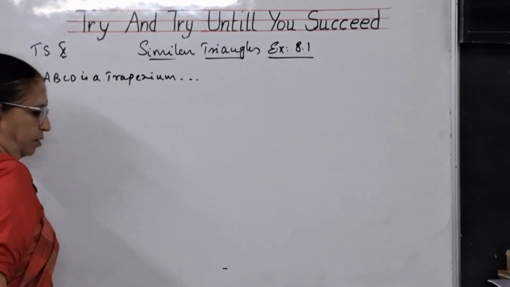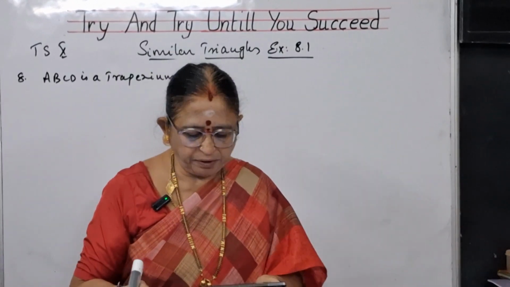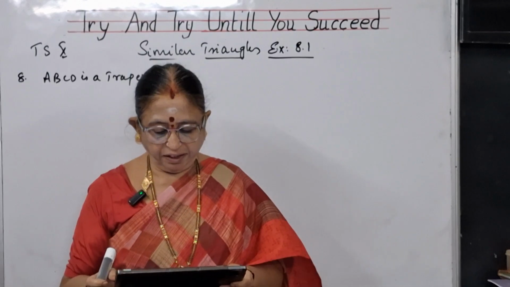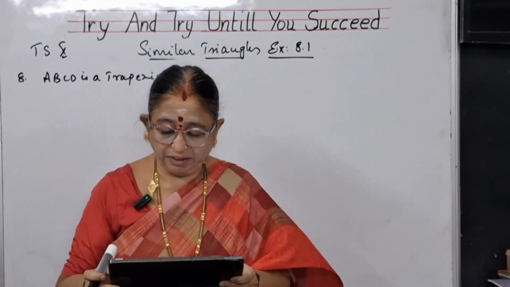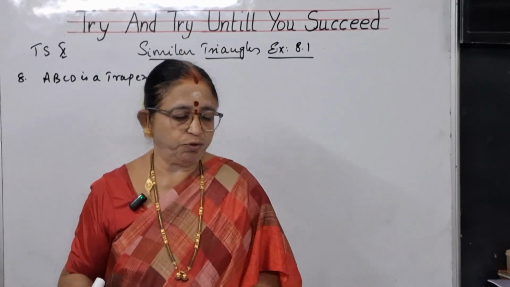It goes on like this. Let me read. ABCD is a trapezium in which AB is parallel to DC and its diagonals intersect each other at O. Show that AO by BO is equal to CO by DO.